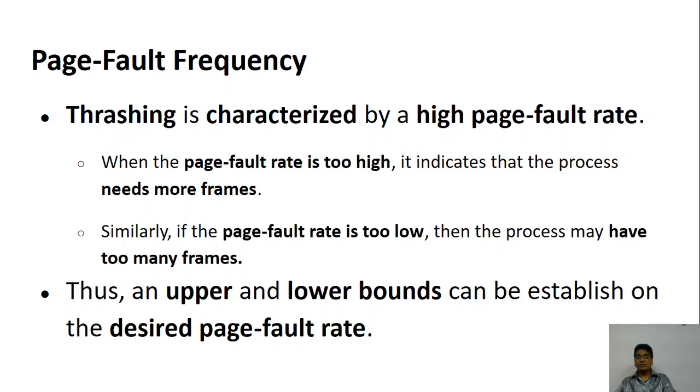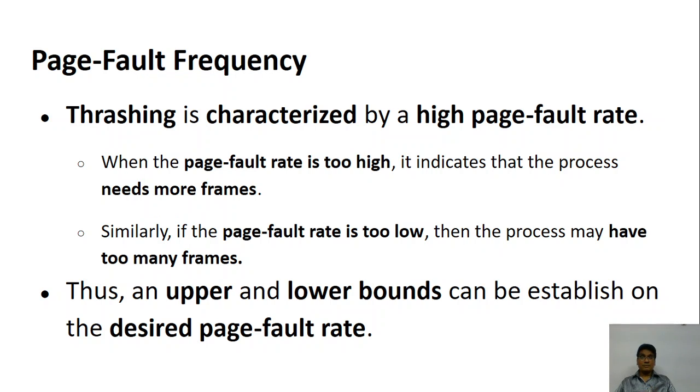So that's the idea. You set the upper bound and the lower bound, and it depends on how you take it. Remember, you will not get a situation wherein there won't be any page fault. Page faults will occur. Just because there is a page fault, it doesn't mean that it will end up in thrashing.